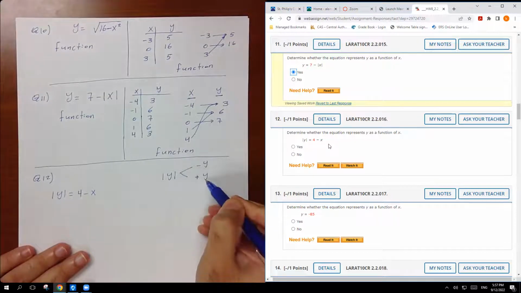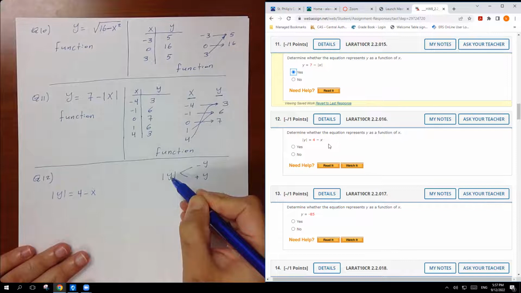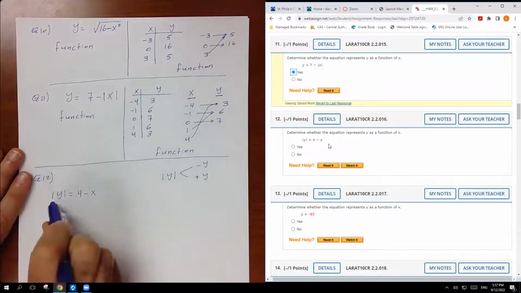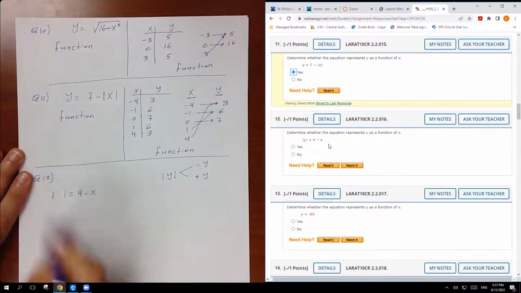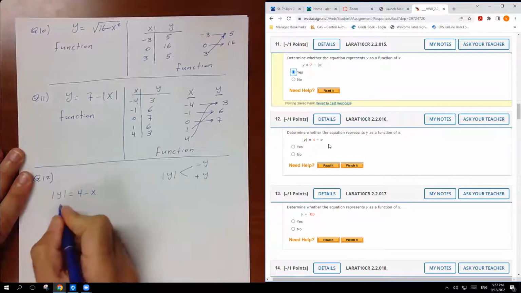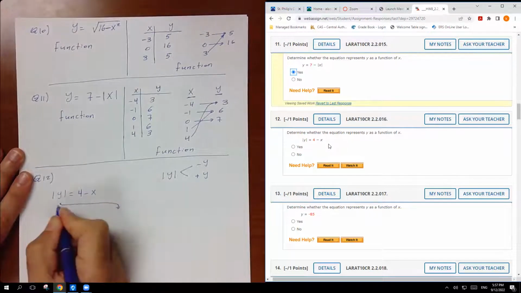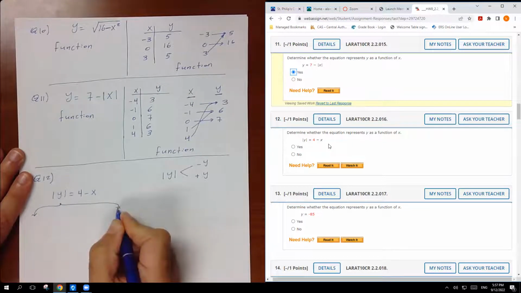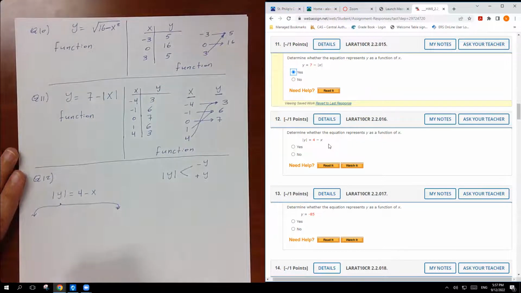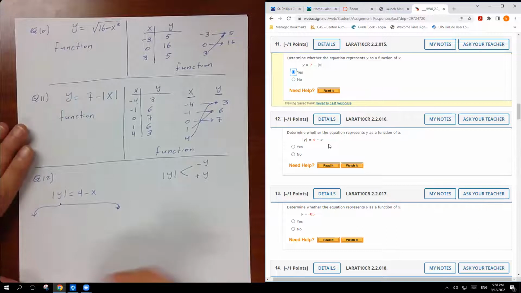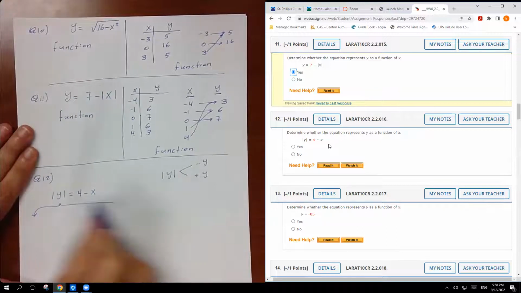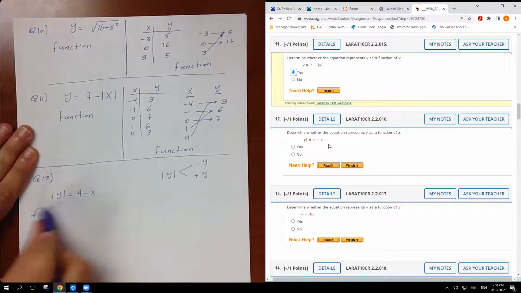If you plug in the positive number here, the result is going to be positive. So in this case, the absolute value of y has 2 parts. The first part, this is important, this example is really important.